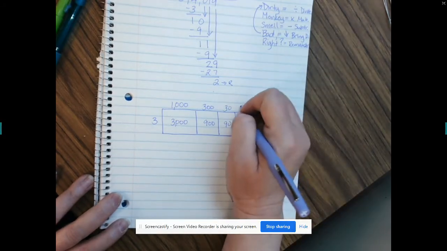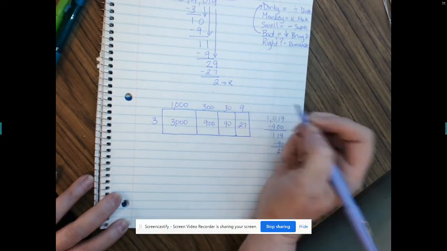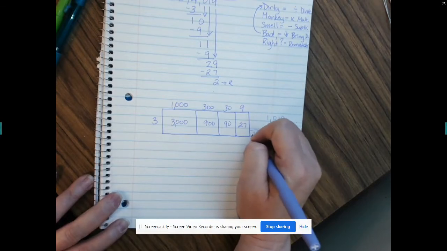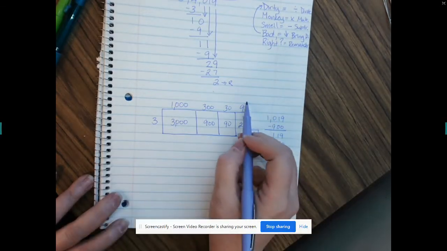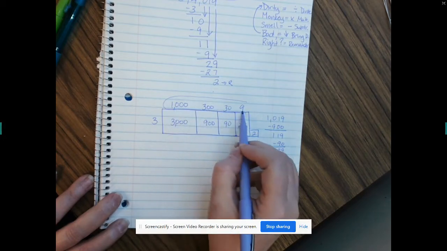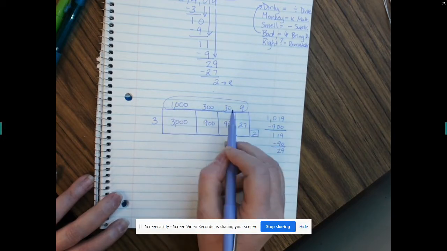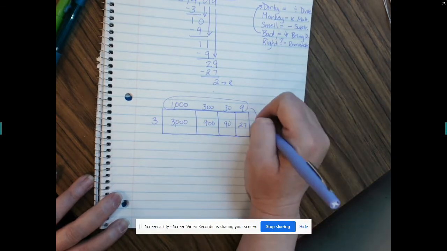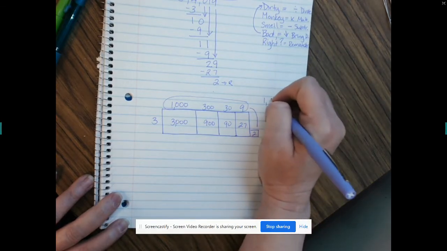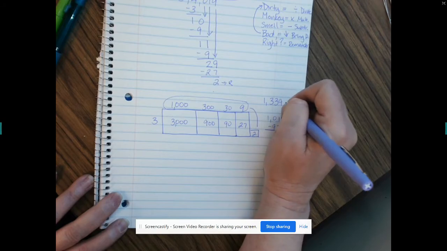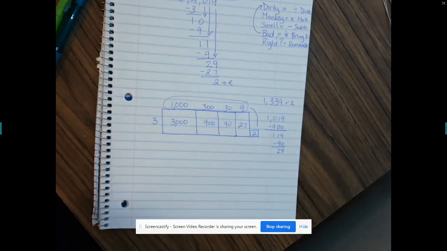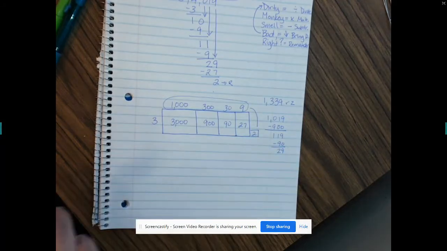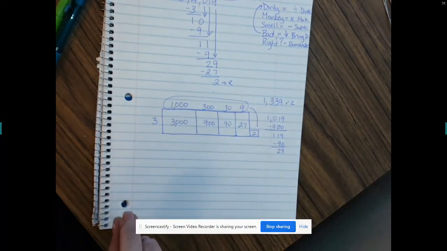And I know that 9 times 3 is 27. And I have 2 as a remainder. So my quotient is 1,000 plus 300 plus 30 plus 9 with a remainder of 2, which is 1,339 remainder 2. So this involves breaking it up into smaller chunks and sectioning off those chunks.